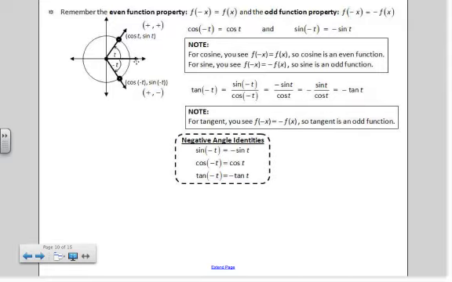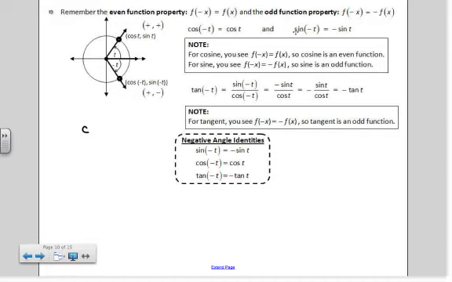If I do that, then my cosine, based on the fact that this is now in quadrant 4, is still positive. So that means the cosine of a negative angle is the positive cosine.